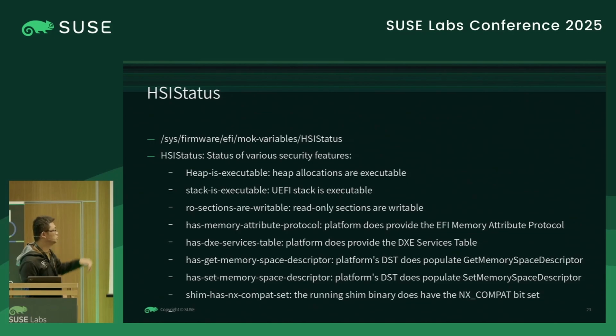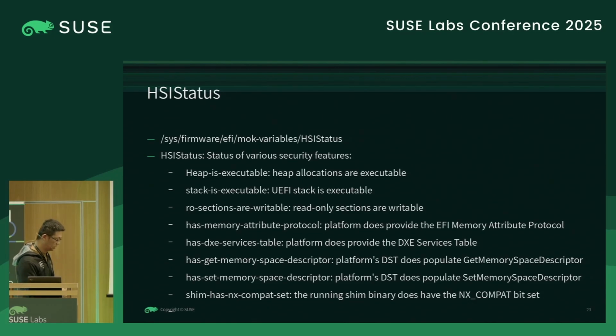So Shim will check the attribute of the loader memory region to know if the firmware really supports non-execute. For example, the heap should not be executable. So if it can execute, then this bit will be raised. Then the stack: if the stack is executable, then the bit will be raised. It's not good. And then there are many different bits, mostly for the no-execute.